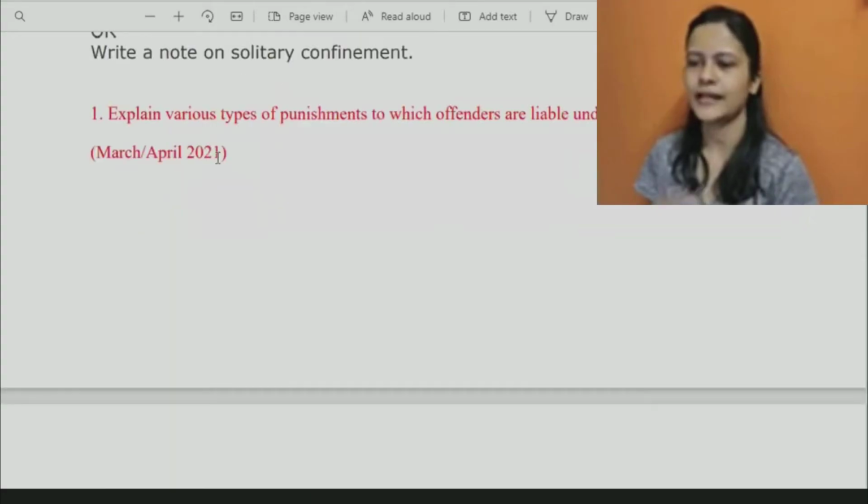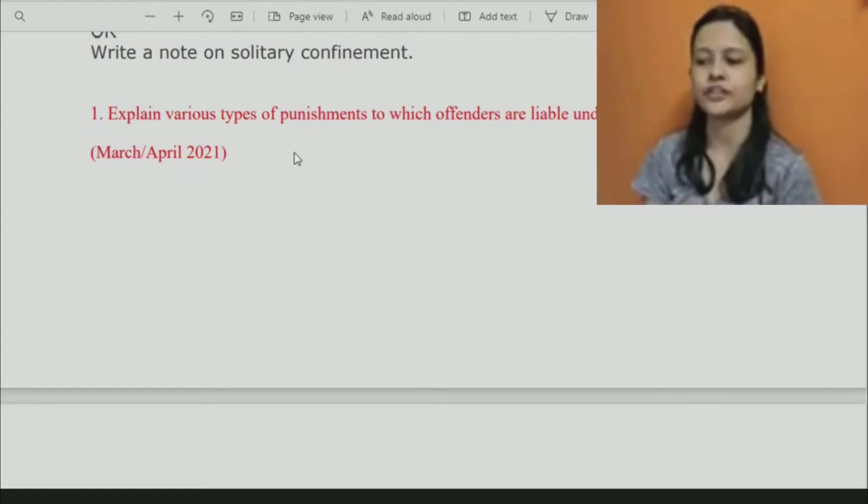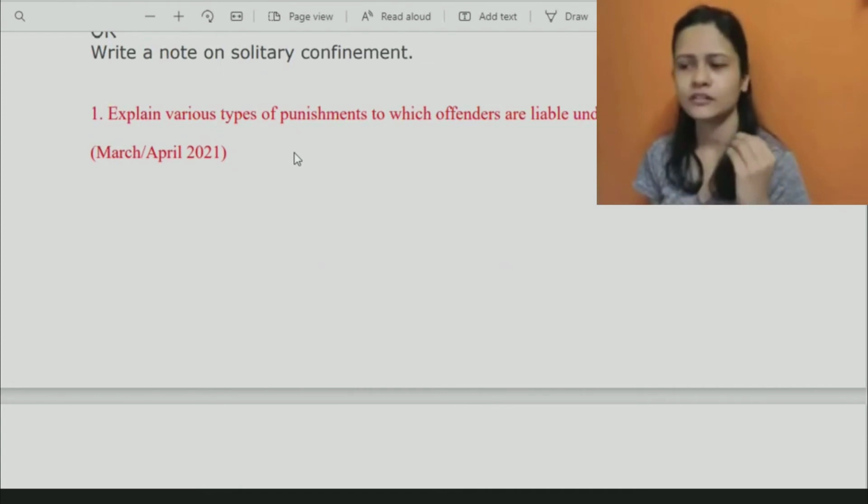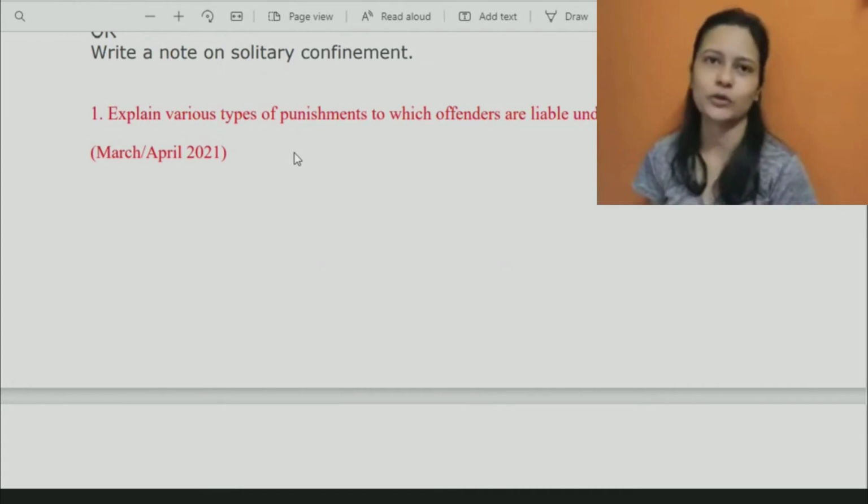So it was there in the 2021 exam itself, the March and April part, where there was one question: explain various types of punishments to which offenders are liable under IPC. Under some different legislation, in different laws, other types of punishments may also be provided.